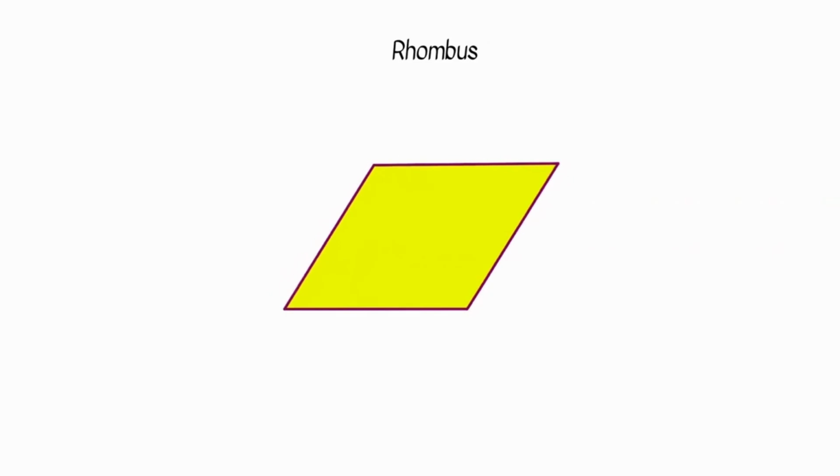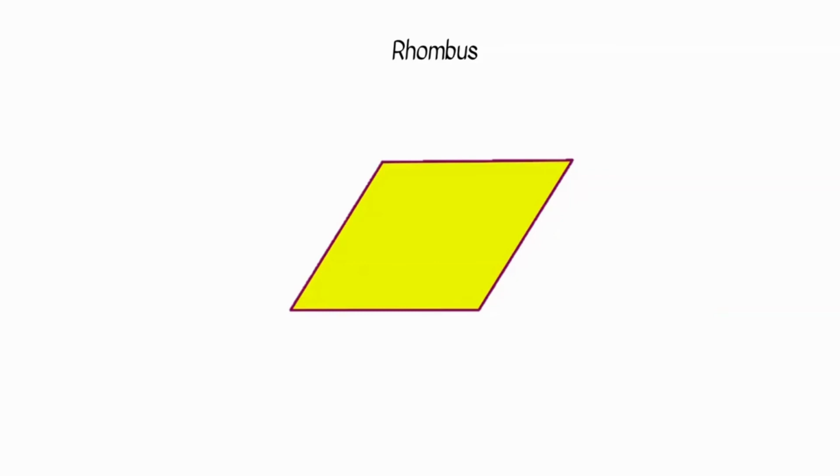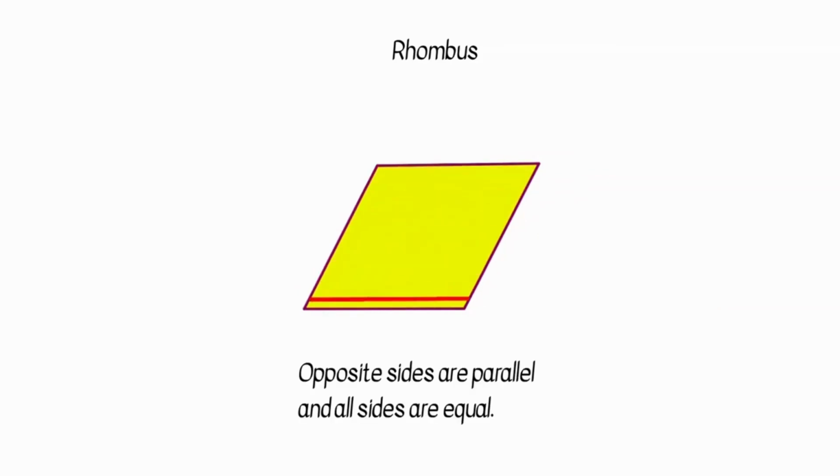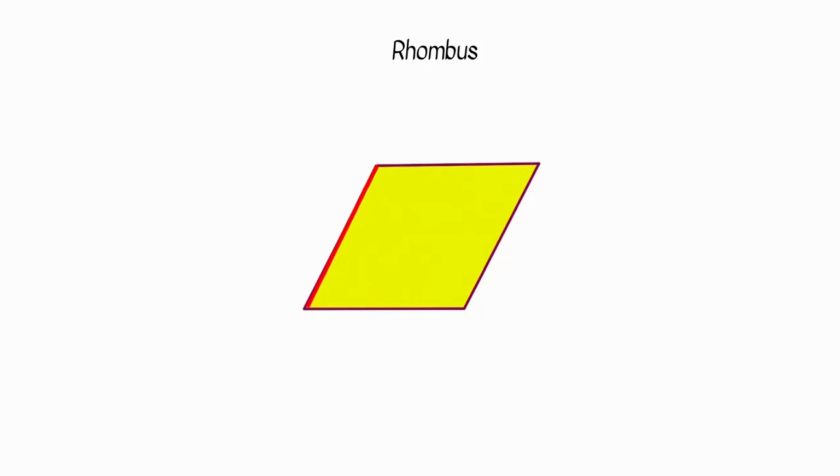In a parallelogram, if all the four sides become equal, what we get is a rhombus. A rhombus is an equilateral parallelogram. Opposite sides are parallel, and all four sides are equal. Diagonals are not equal.